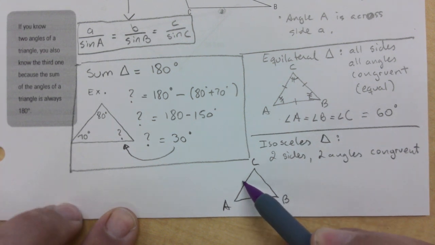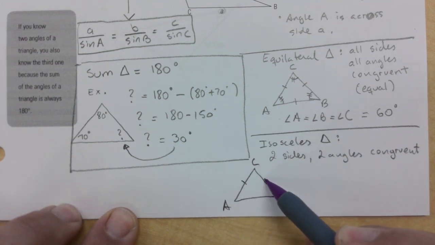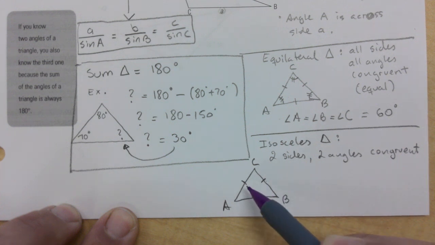And the key here is to remember that, let's say these two sides are the same. It's these two that we're talking about. Then it's the angles that are across from those two sides that are the same.